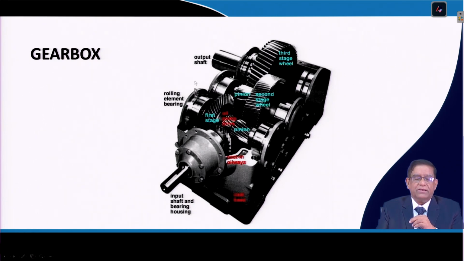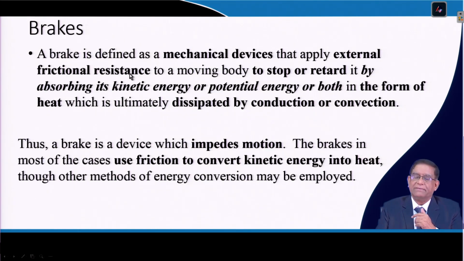So that is your input shaft, which is connected to the main prime mover, your engine, that is electric or diesel, and then we have this output shaft. Depending on which gear ratio you are using, you can get different speeds. So there is quite a range of gearboxes.